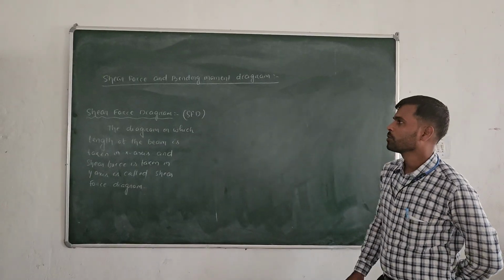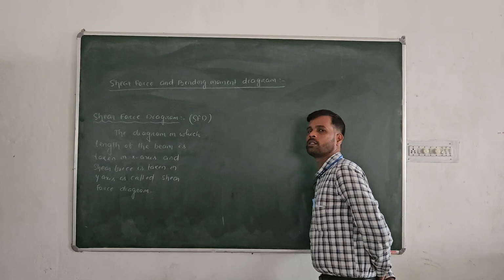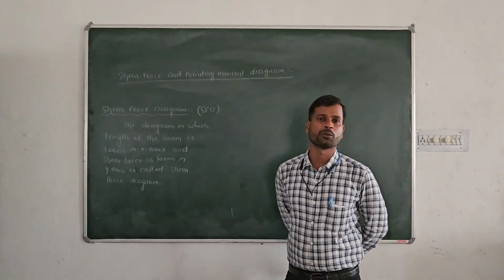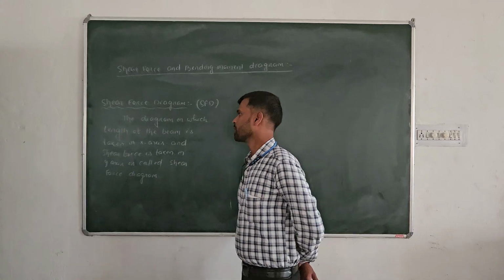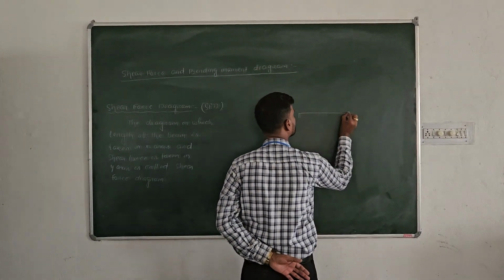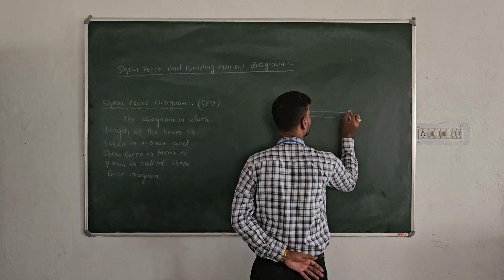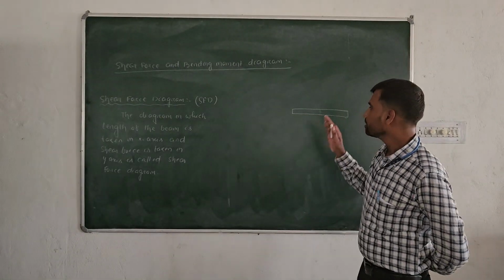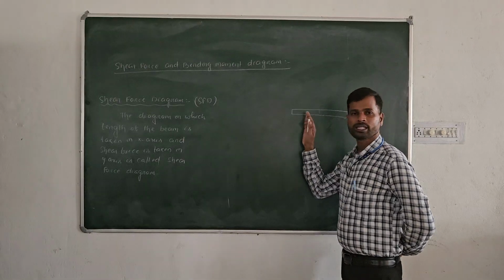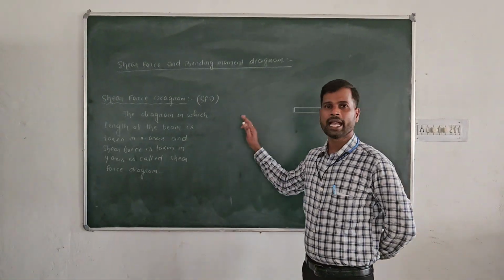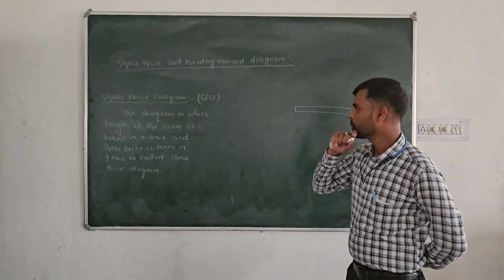Next is the shear force diagram. We had seen how to calculate the shear force in case of a beam. Whenever we represent that shear force in a diagram, it is called the shear force diagram. As the beam is expressed in terms of length, the beam is a combination of various points. At various points, how much shear force is acting, when we represent that by means of a diagram, that is called the shear force diagram.